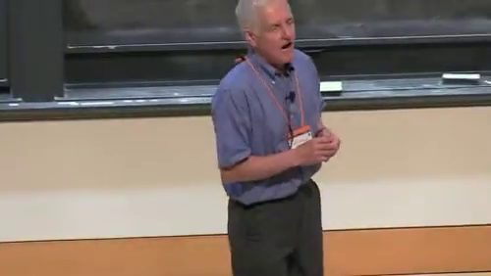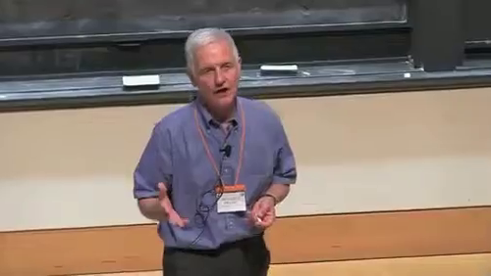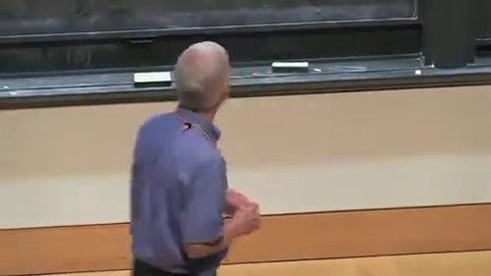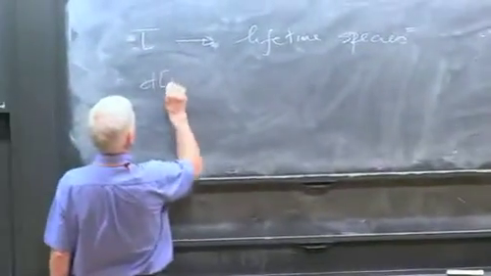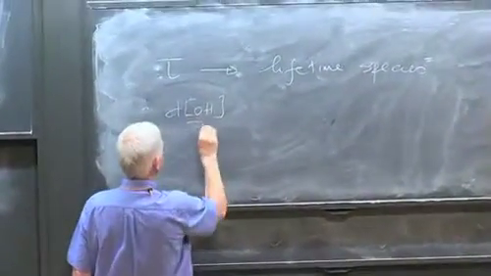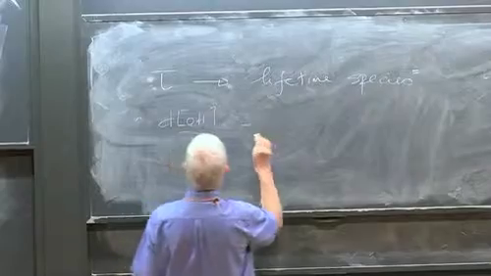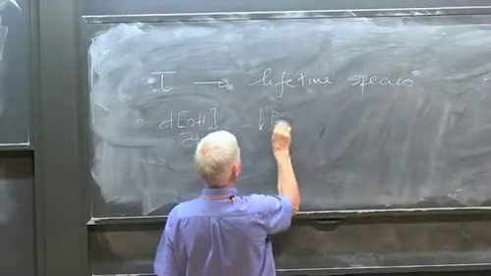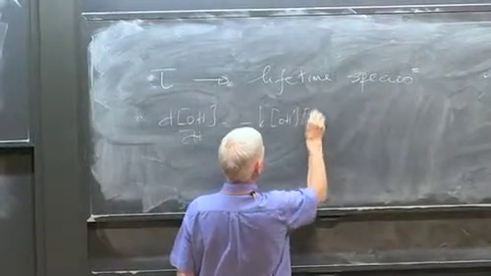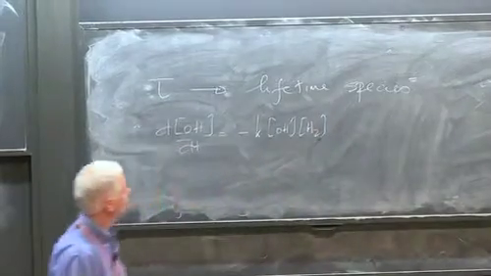Another thing is that I rather quickly skipped over going from a differential equation. So, for example, d[OH]/dt is equal to minus k [OH][H2].